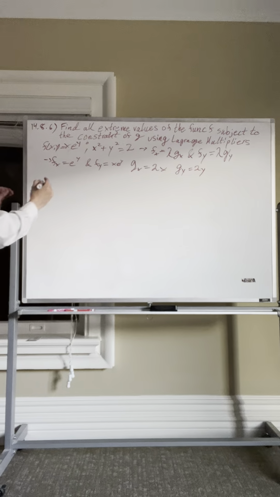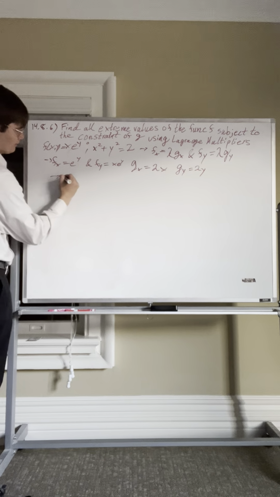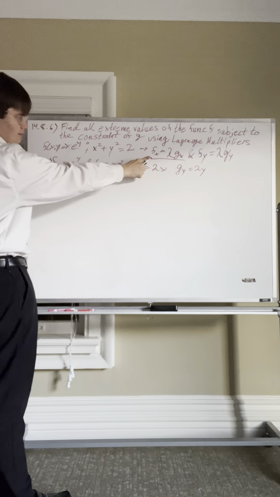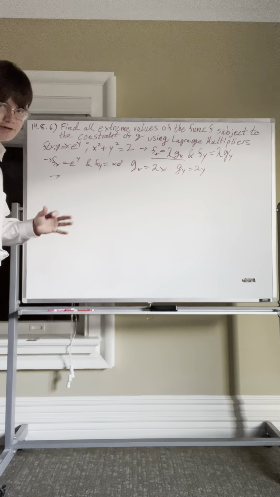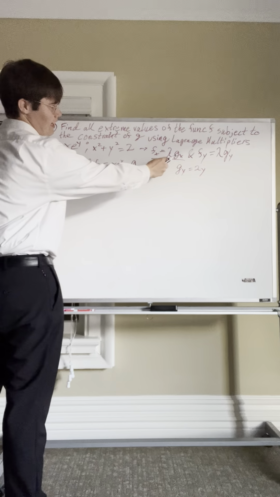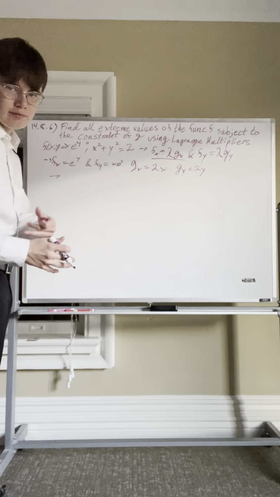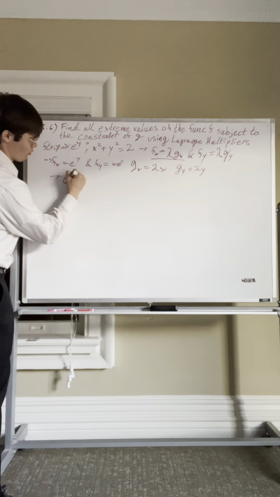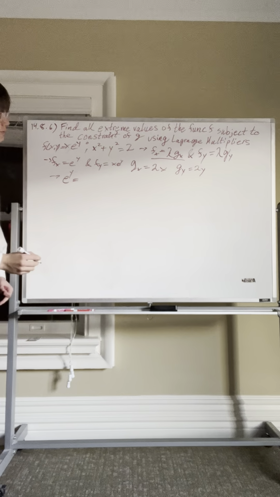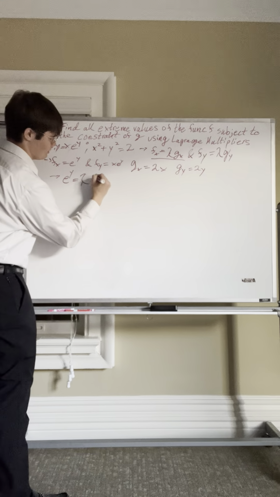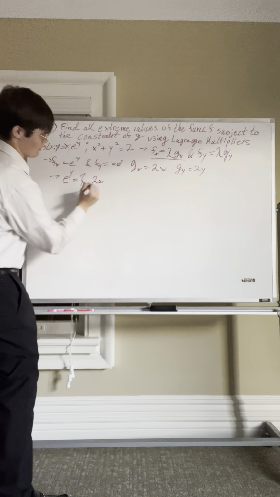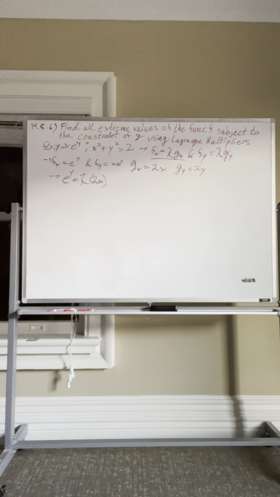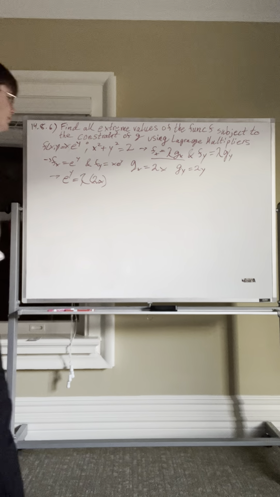So now we're going to take that and use the partial derivative of the function f with respect to x equals lambda times the partial derivative of g with respect to x. The partial derivative with respect to x in this case is e to the y, and that equals lambda times 2x. Ooh, it looks like this is going to be a little bit complicated.